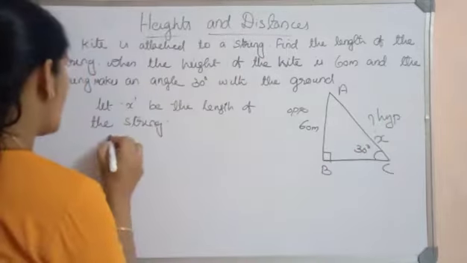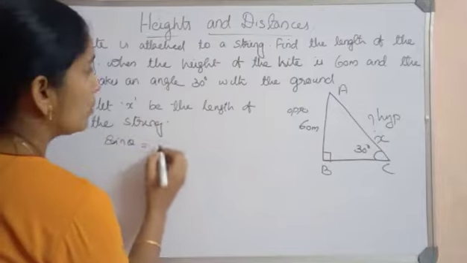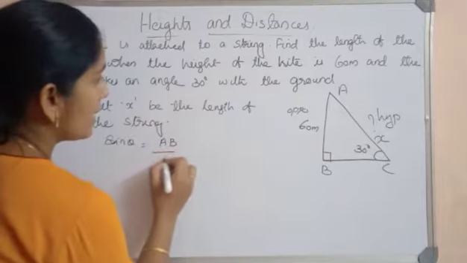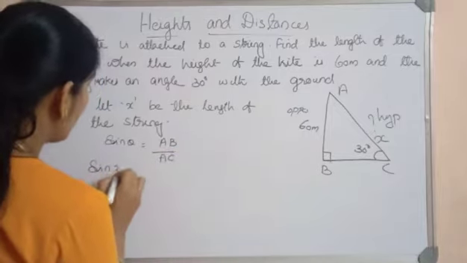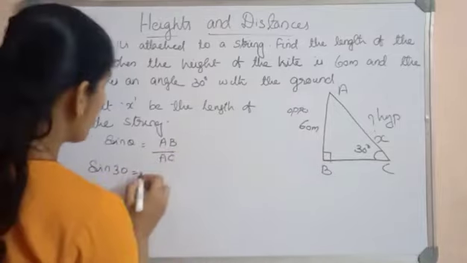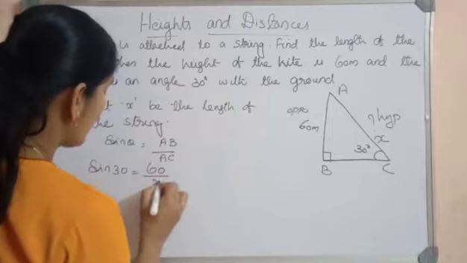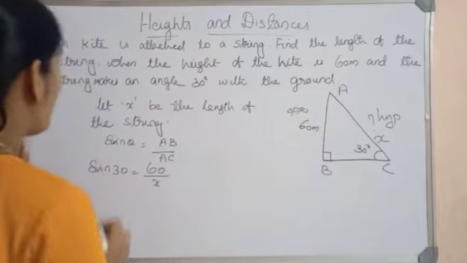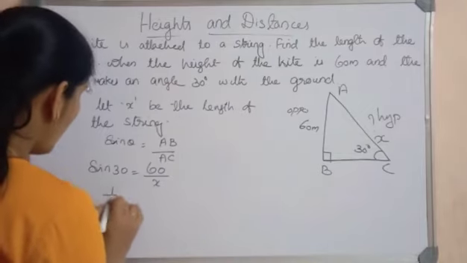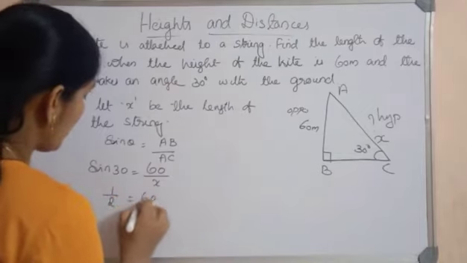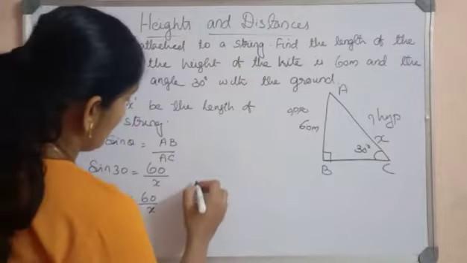Now let's write sine theta is equal to AB by AC. Here theta is 30 degrees. Sine 30 is equal to AB, which is 60 meters, by AC, which is x. Now the value of sine 30 is 1 by 2. So 1 by 2 is equal to 60 by x.